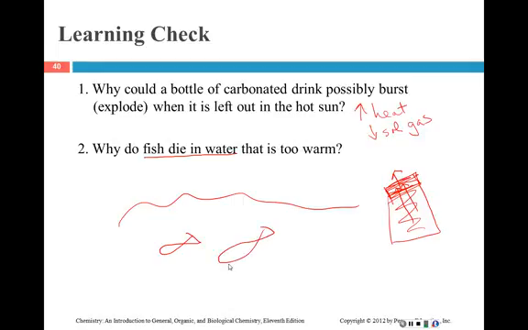Okay, so we got our fish, and fish have gills, and they need oxygen. And if the water gets warm, the oxygen will tend to leave the solution, and so there's less oxygen in the water, and you can have fish kills if that happens.